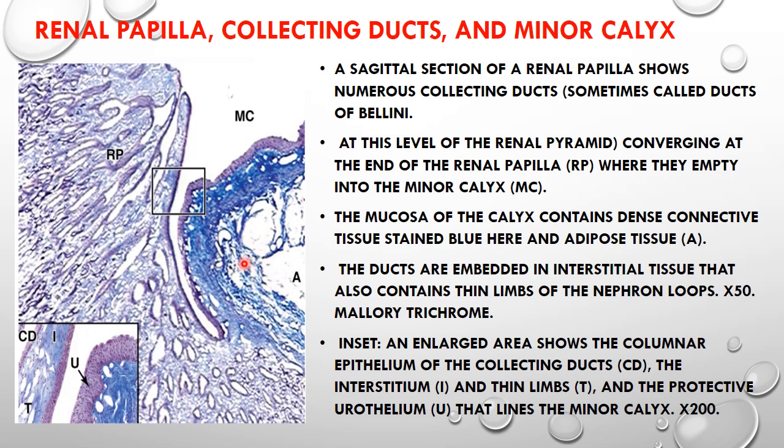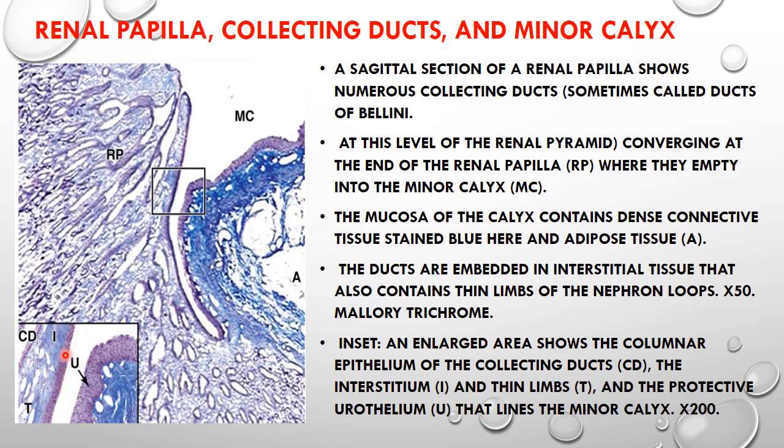The ducts are embedded in the interstitial tissue that also contains the thin limbs of the nephron loops, and this is a Mallory trichrome stain, which is a special stain. Now, in this enlarged area, you can see the collecting ducts, these tubules, and this is the interstitium, stained blue.